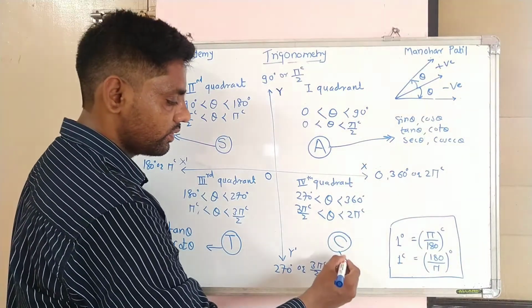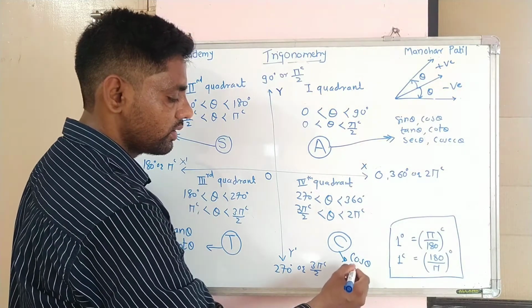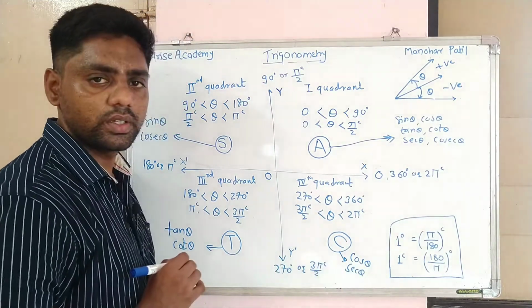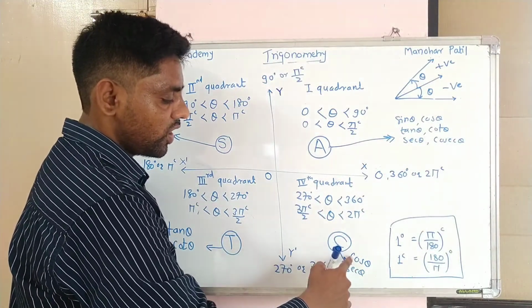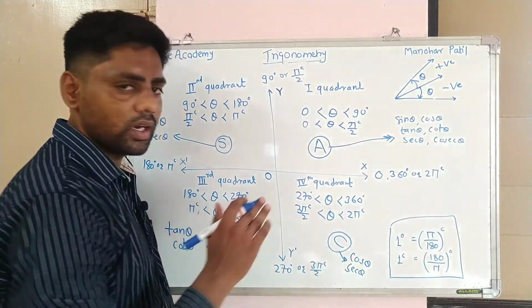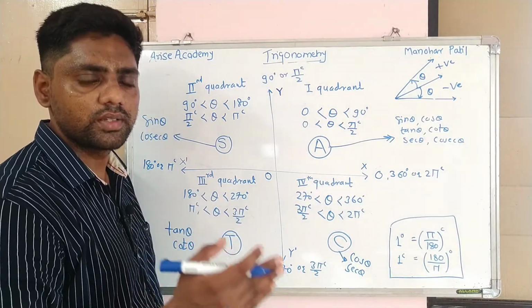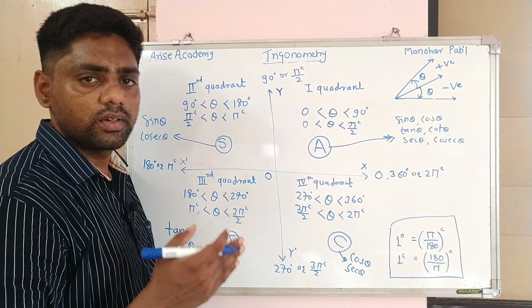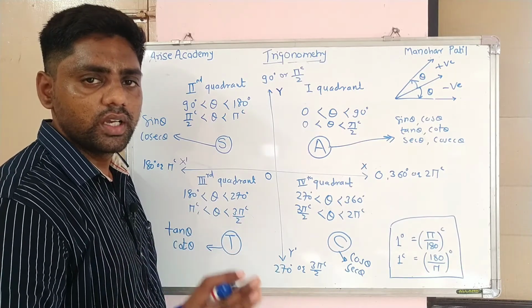So here C means cos theta and sec theta. In the fourth quadrant, cos theta and sec theta are always positive, and the remaining ratios, that is sin theta, tan theta, cot theta and cosec theta, are always negative.